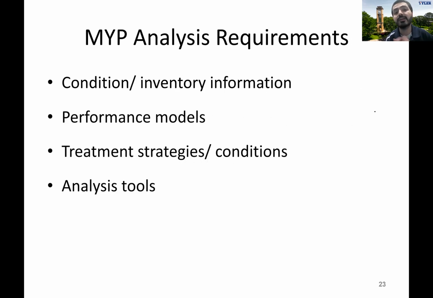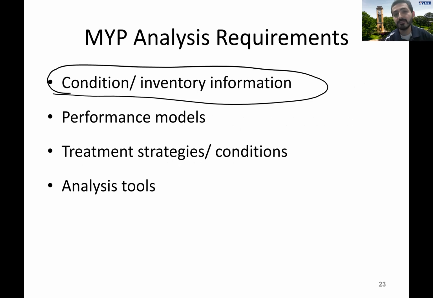In order for it to succeed, you need to have some minimal analysis requirements to make sure the multi-year prioritization works. Those requirements: we definitely need to have the condition inventory data, and that's why for the whole semester we've been talking about how we can know the condition of the pavement, how we can get good inventory information, and how we can end up having the PCI, the pavement condition index for that section.